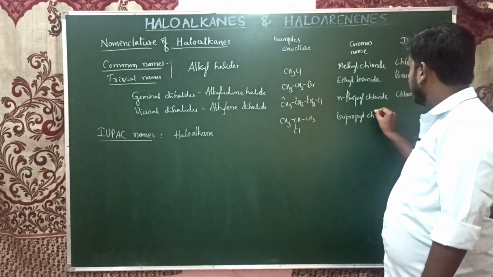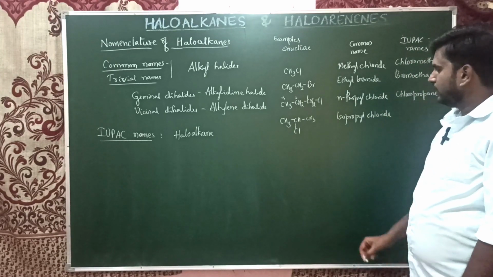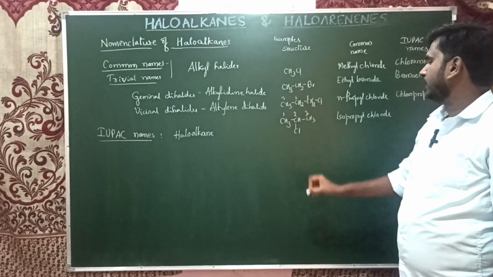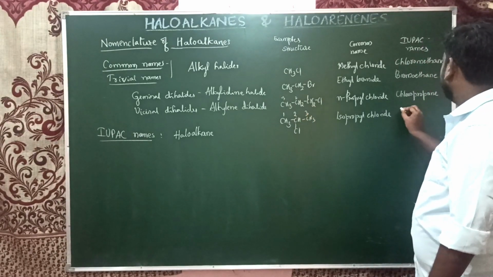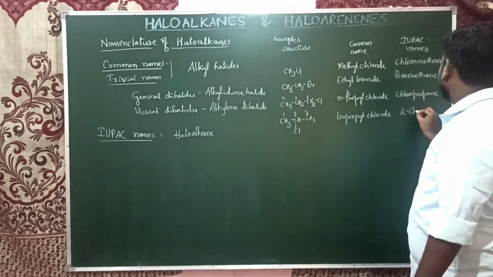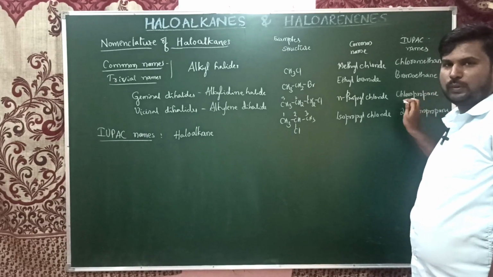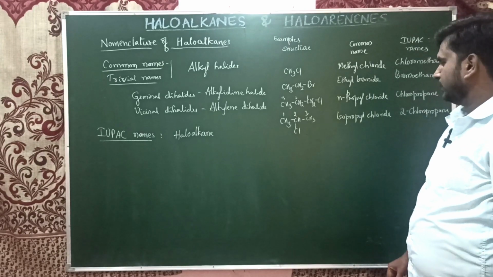Its IUPAC name will be, with the chlorine at the second position, 2-chloropropane. So you can also name the first one as 1-chloropropane. This one is 2-chloropropane. Both are isomers.